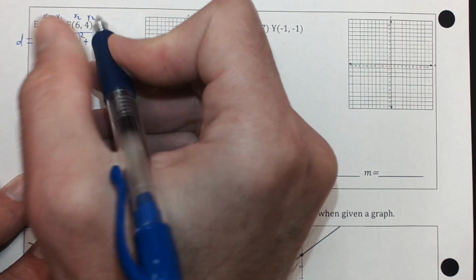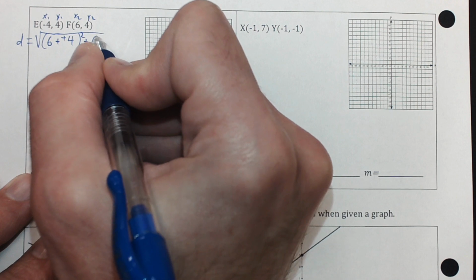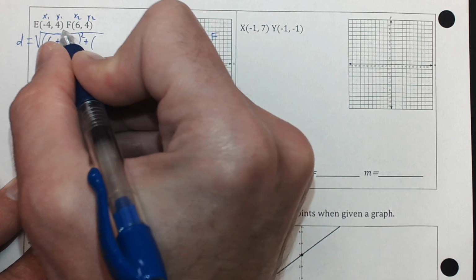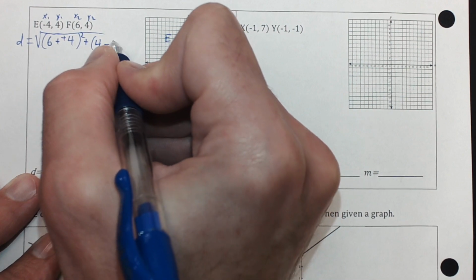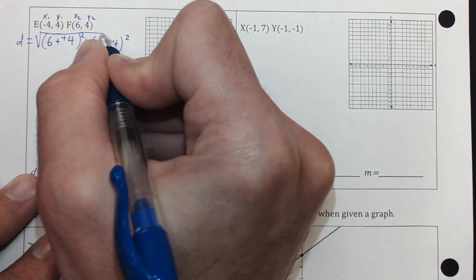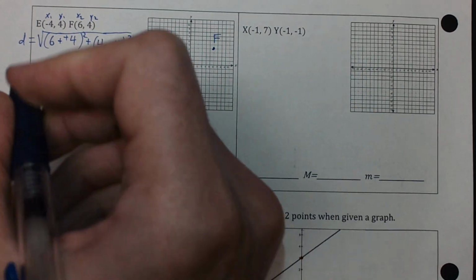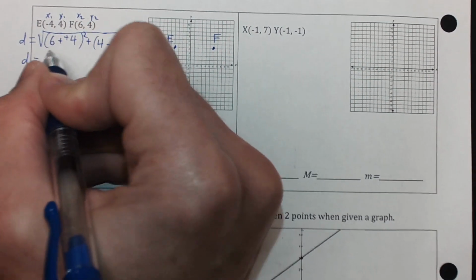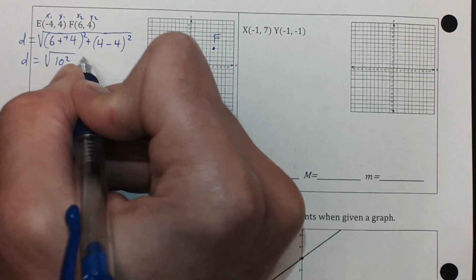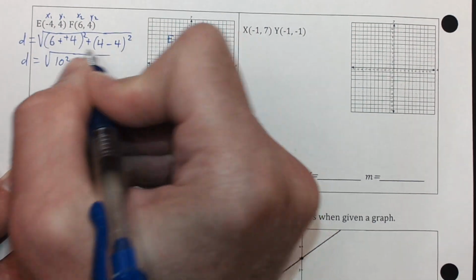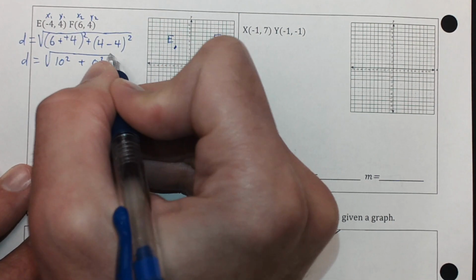Square that, and then add to it the difference of y's, which is y2 minus y1. Y2 is a 4, y1 is also a 4, which is why this problem is a little different. Okay, well that simplifies quite nicely. 6 plus 4 is just 10. And then the other one becomes 0 squared.